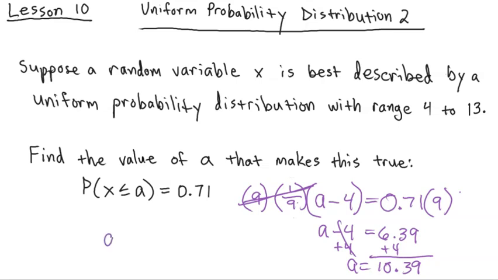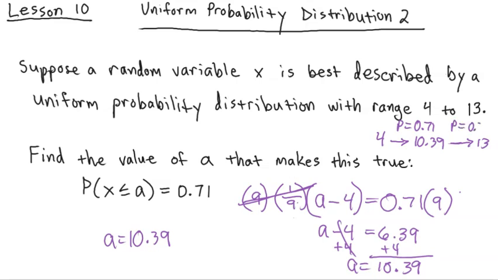So A is equal to 10.39. And that means that from 4 up to 10.39, the probability of this uniform probability distribution is 0.71, and that means that from 10.39 up to 13, the probability is going to be the rest of it.